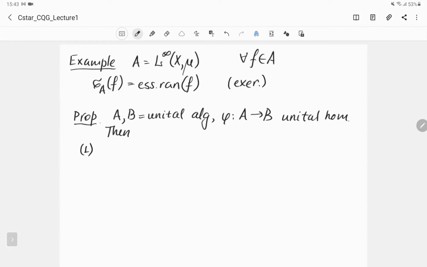First of all, phi always takes invertibles to invertibles. Each invertible element of A goes to an invertible element of B.